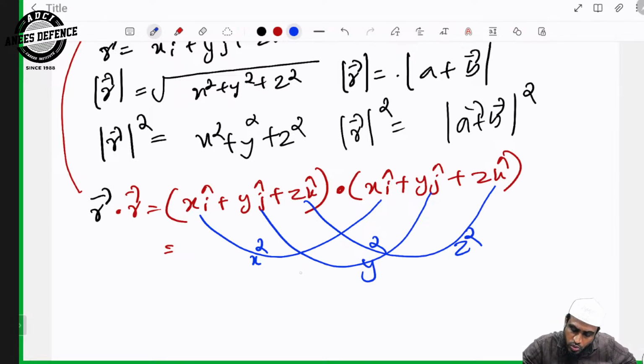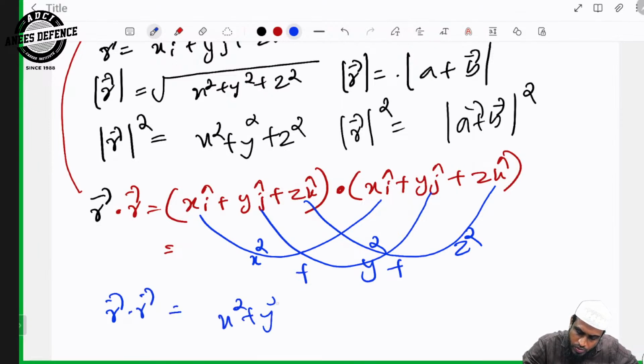So you are getting x square plus y square plus z square. So R dot R can be written as x square plus y square plus z square, which is equal to the modulus of R the whole square.